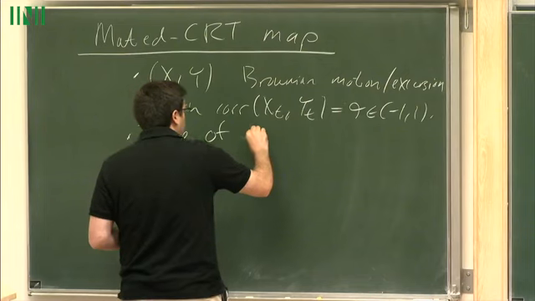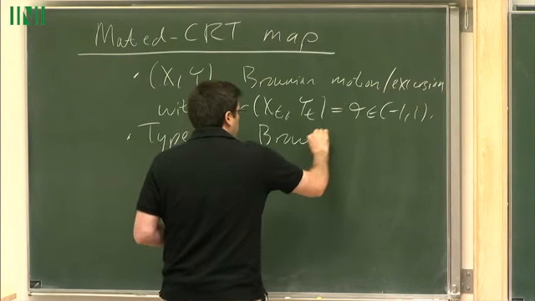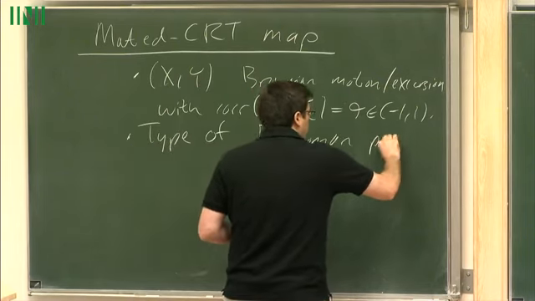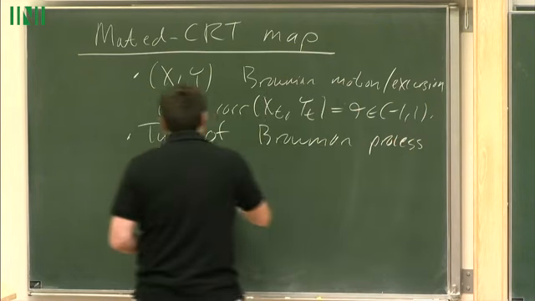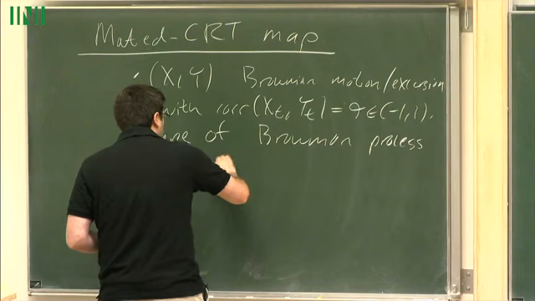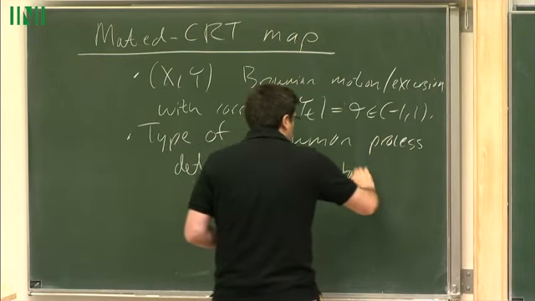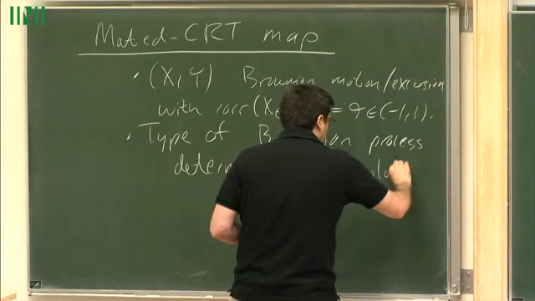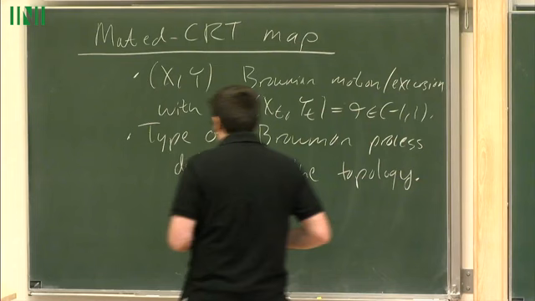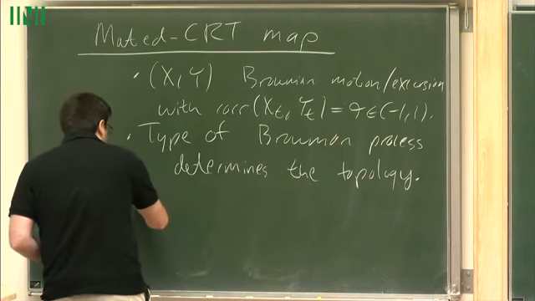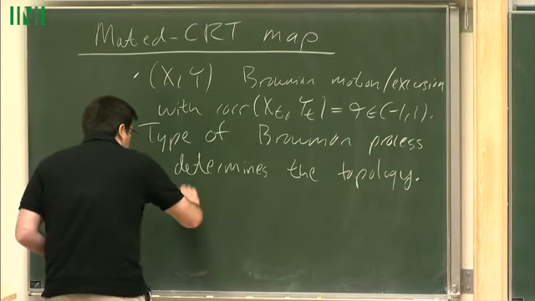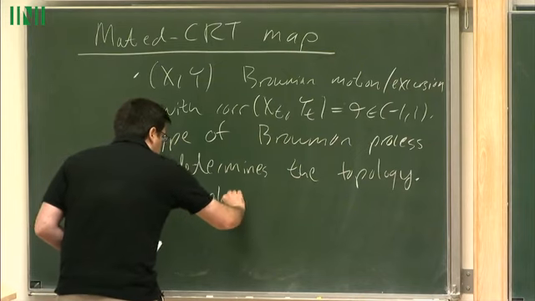So the type of Brownian process determines the topology. There are a number of different nice choices that you can make, but the easiest one, the one I'm going to be talking about today, is the one where you have the topology of the whole plane.